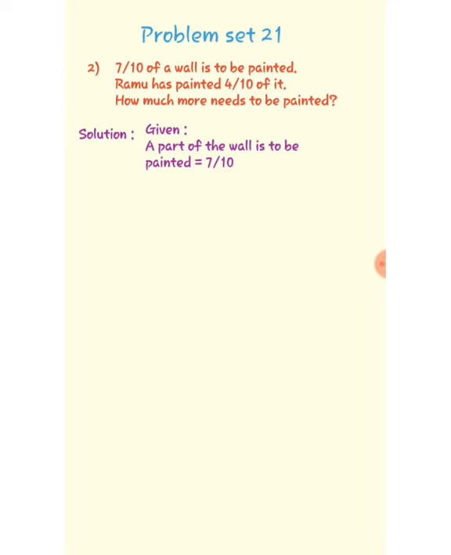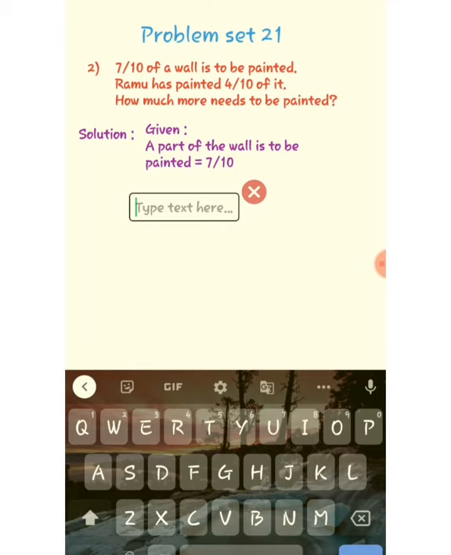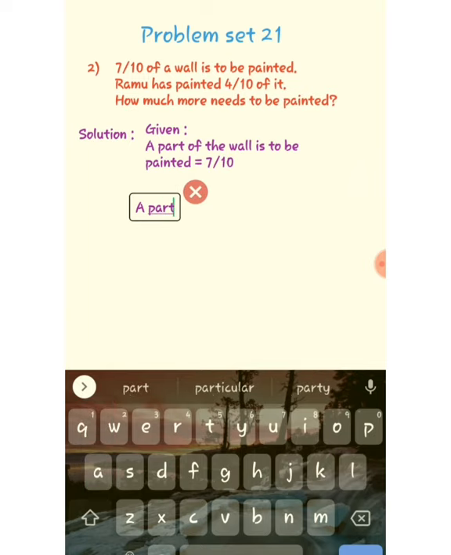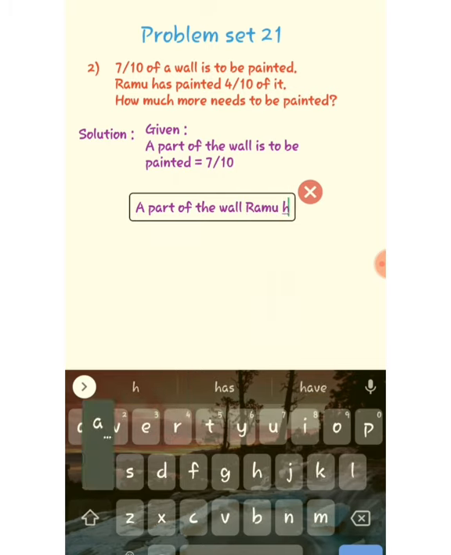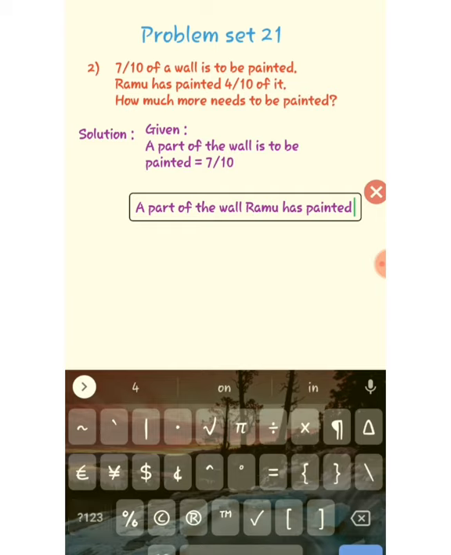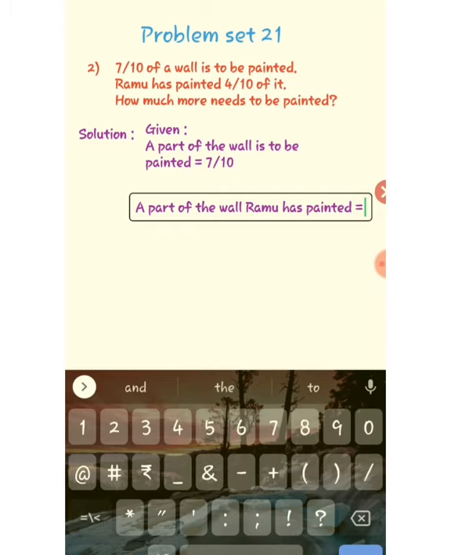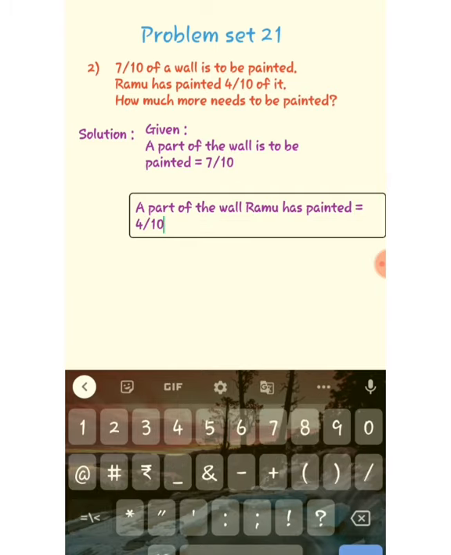Now we have to write the second given part. So we will write: a part of the wall Ramu has painted is equal to 4 upon 10.